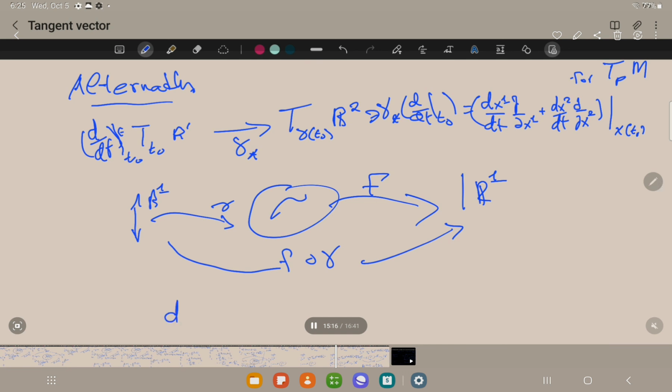So you just let that operator apply on the composition function of f and gamma, which is equal to the right hand side, where you apply the operator from the TR2 space onto f directly.